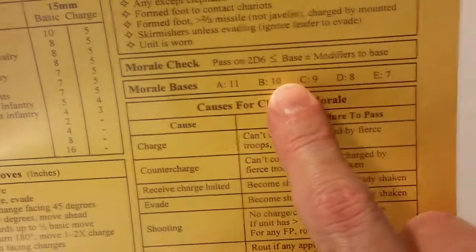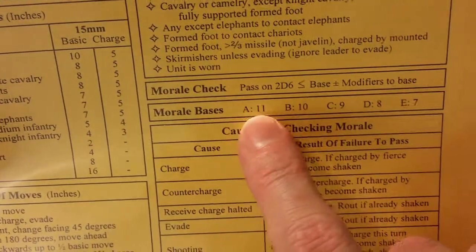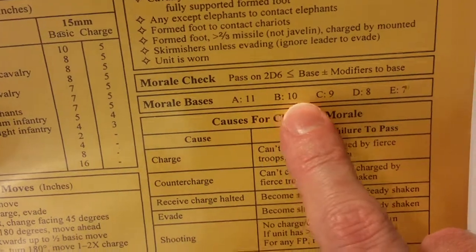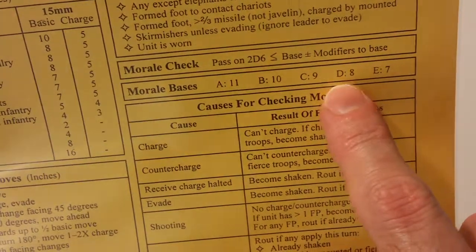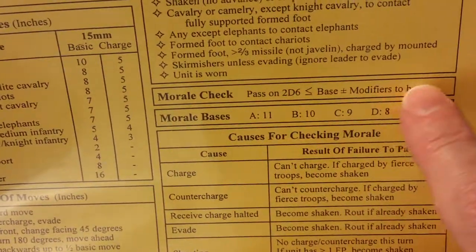morale check, morale bases. We have A11, B10, C9, D8, E7, so morale checks are passed on 2d6 less than or equal to base, plus and minus modifiers to base, so all pretty straightforward so far.